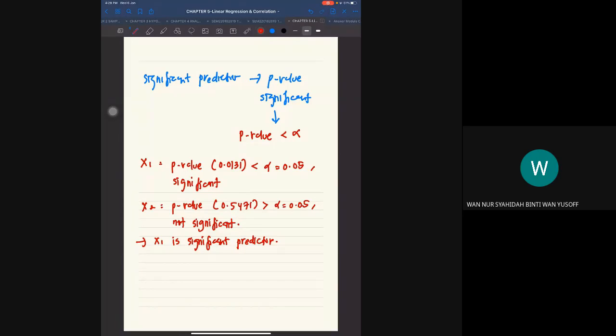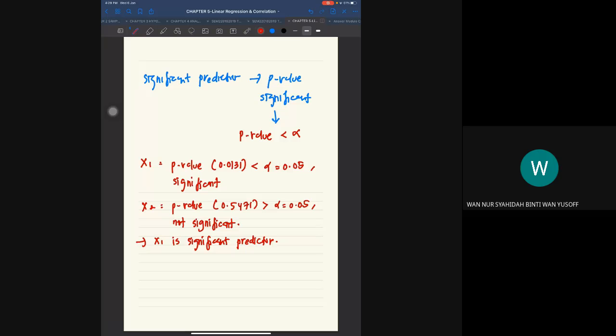Maybe if the next question is to predict the value based on the answer from here, then it means that we just use the model with y and x1.